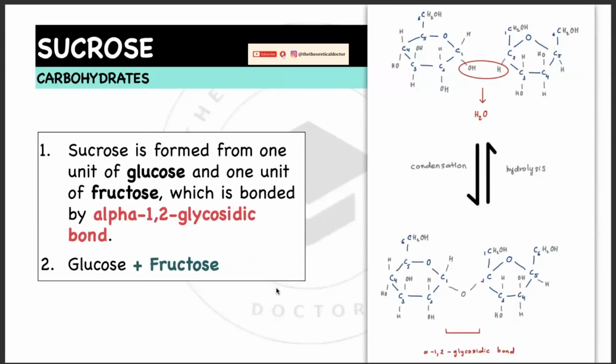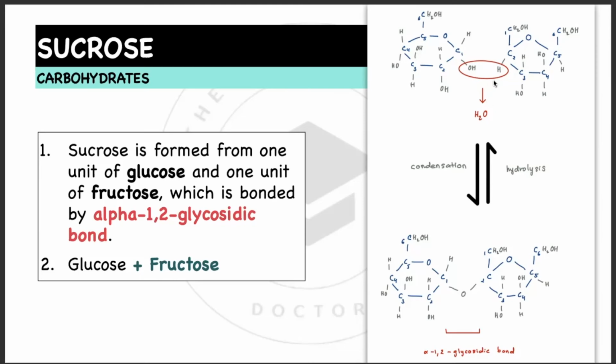Next is the sucrose. So sucrose is formed when glucose combines with fructose, okay, and they are linked by alpha 1,2 glycosidic bond. Now this is also an alpha glucose, and this is the fructose. So basically to form a disaccharide, you need to do it through the condensation reaction, and for condensation reaction you need to remove water.